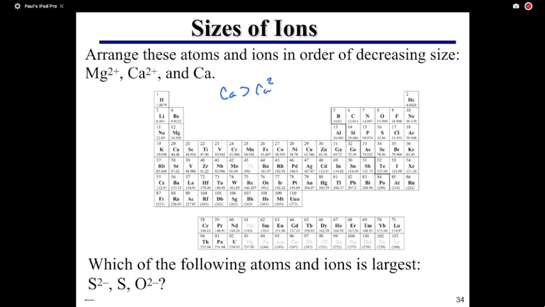Calcium 2 plus. Okay, and then the smallest is magnesium 2 plus, because the trend says as I go down, I get bigger. That's why calcium is the biggest. But when I start losing electrons, the calcium 2 plus is smaller than its original parent, but magnesium 2 plus is smaller than calcium 2 plus because it is higher in the chart.